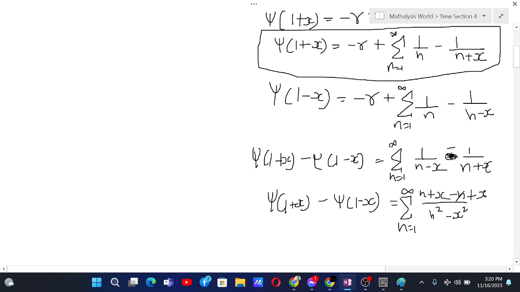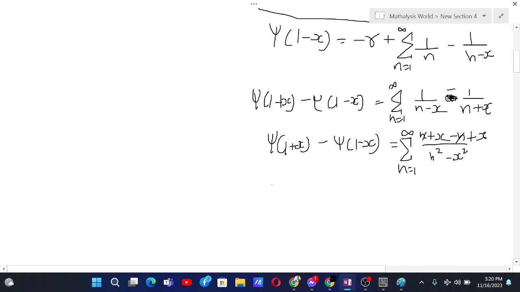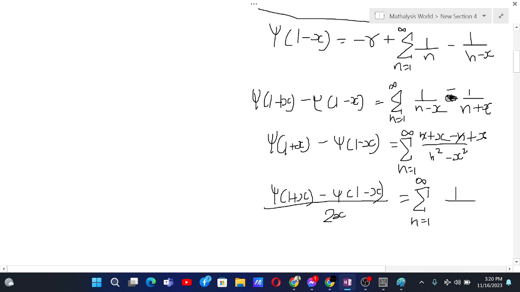The n gets cancelled out, and we have digamma of 1 plus x minus digamma of 1 minus x. The x is constant for the sum, since the sum involves n, divided by 2x equals the sum from n equals 1 to infinity of 1 by n square minus x square.